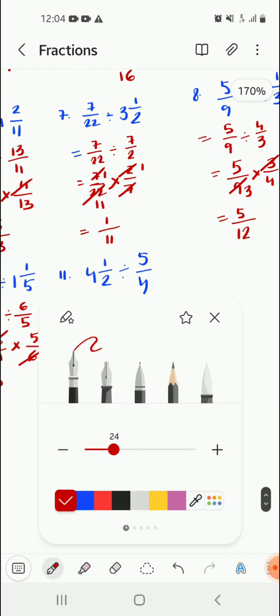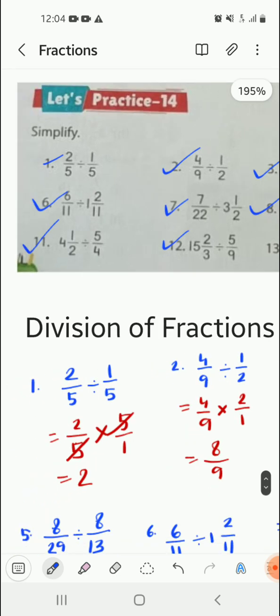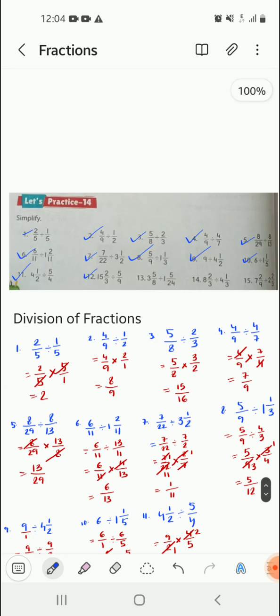Moving on, number 12. 15 and 2 by 3 divided by 5 by 9.